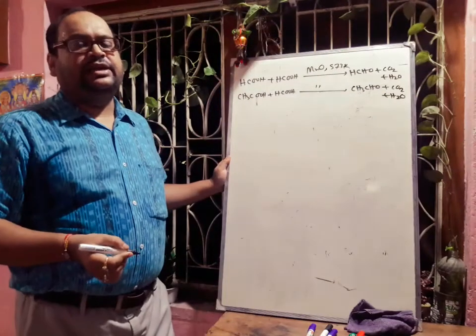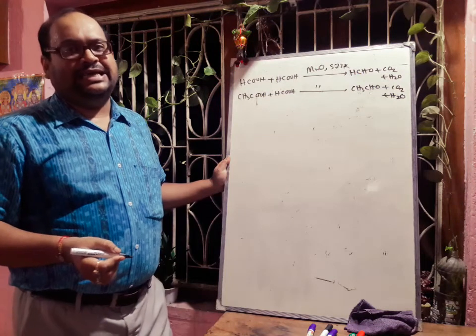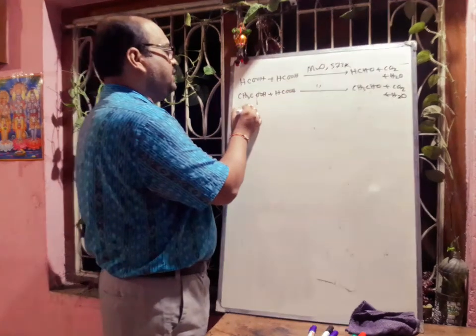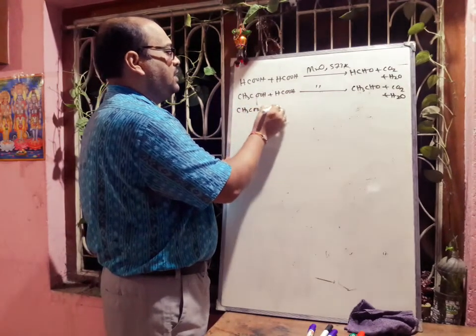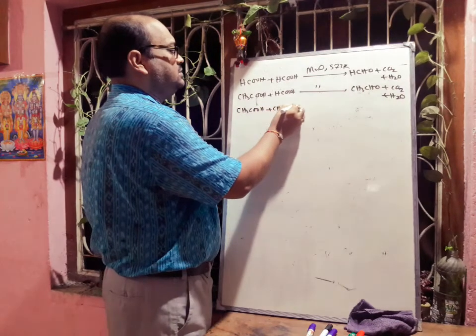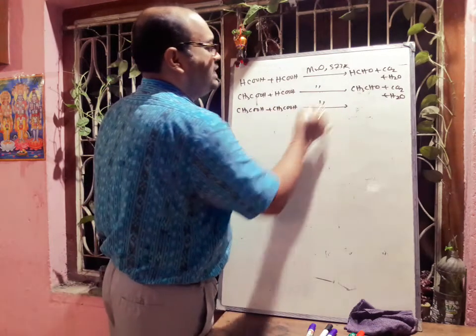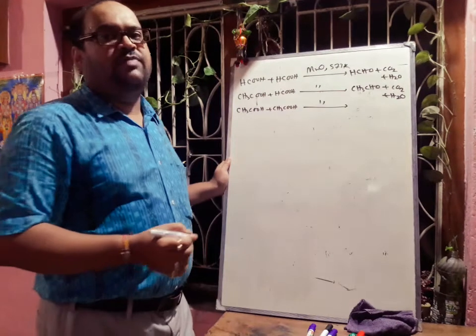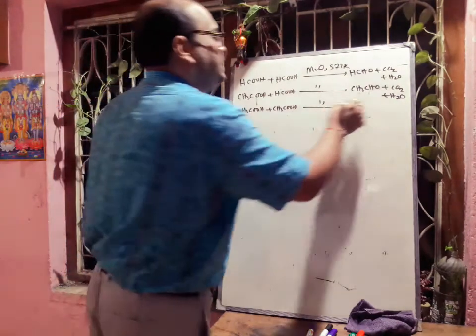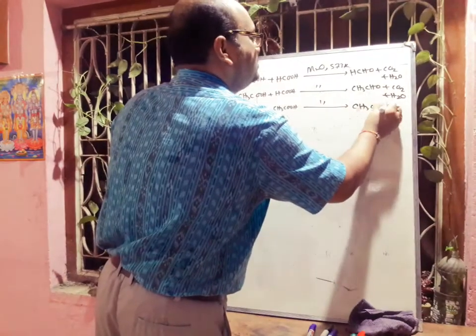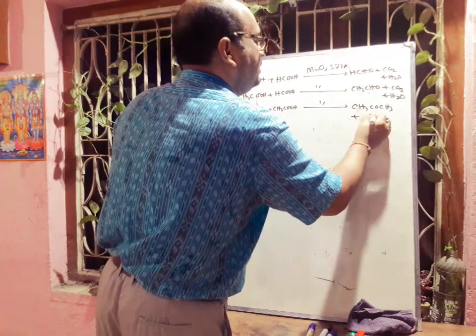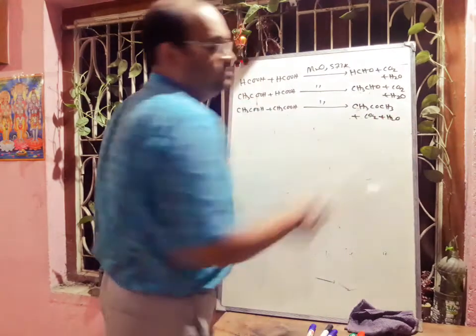But if we take two molecules of acetic acid, that is CH3COOH plus CH3COOH, and if we use the same reagent, then there will be formation of ketone, that is CH3COCH3 plus carbon dioxide plus water.